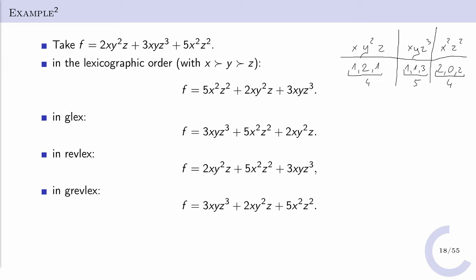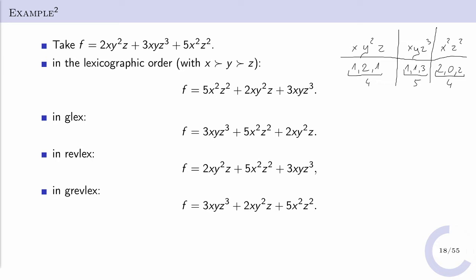So we have 1, 3, and 2. 1 is the smallest exponent, so this monomial is the biggest one with respect to reverse lexicographical order, so it comes in the first place. Now we have 3 versus 2, so this one is bigger than this one, so this one comes at the second place, and this is the smallest of all these three monomials with respect to reverse lexicographical order.